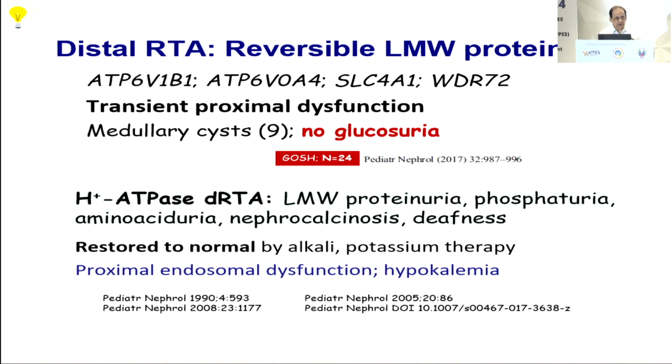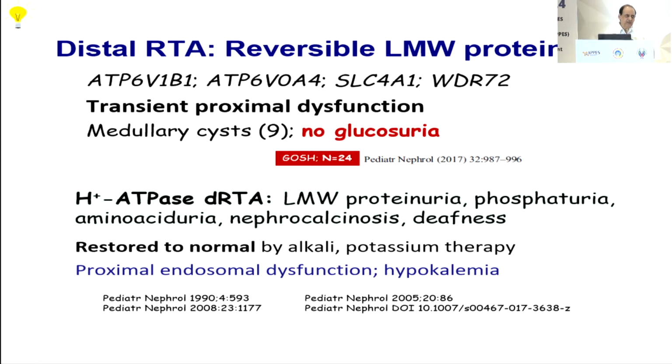One problem that is often asked as a question, that concerns endocrinologists as well as nephrologists, is that you have patients with distal RTA who in addition show some proximal dysfunction. Now, what is this? Is this a mixed kind of an RTA or what? Over the years, we have understood that when you have an acidic milieu, you do get proximal dysfunction even in patients with distal RTA.